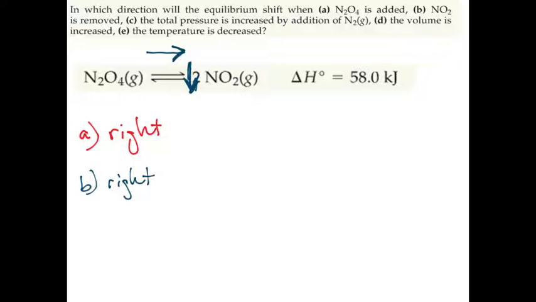All right, now let's look at letter C. The total pressure is increased by the addition of N2. Is N2 gas in this reaction? Letter C says the total pressure is increased by the addition of N2 gas.